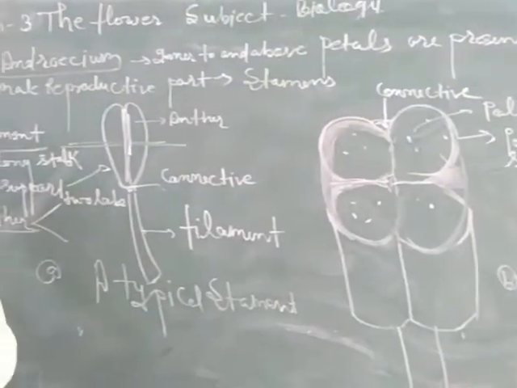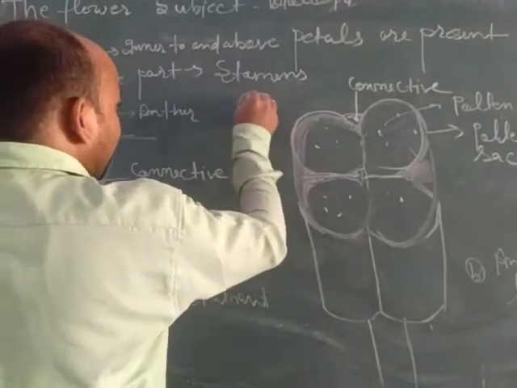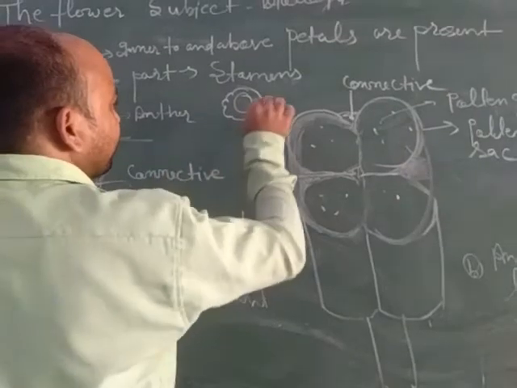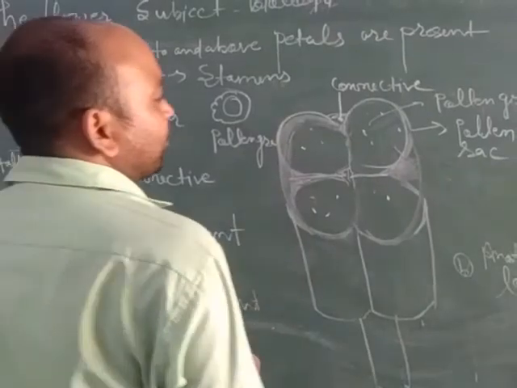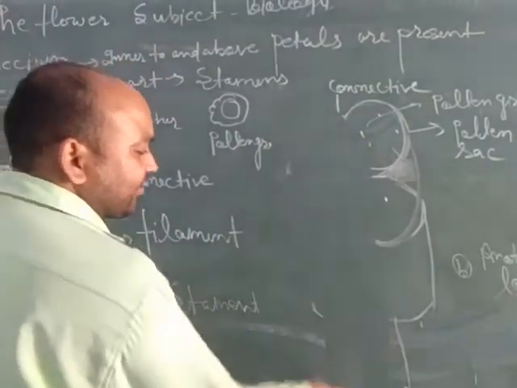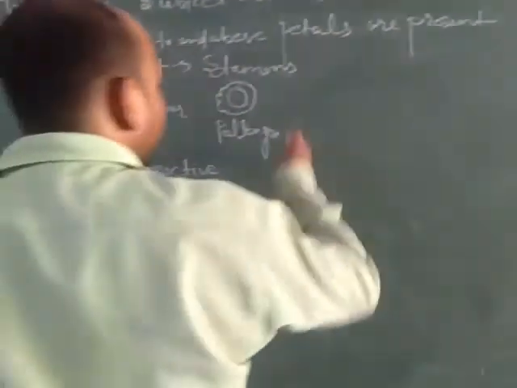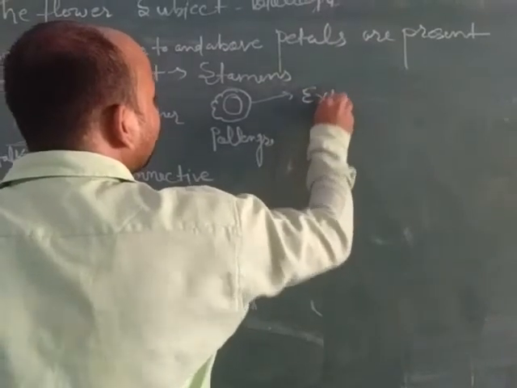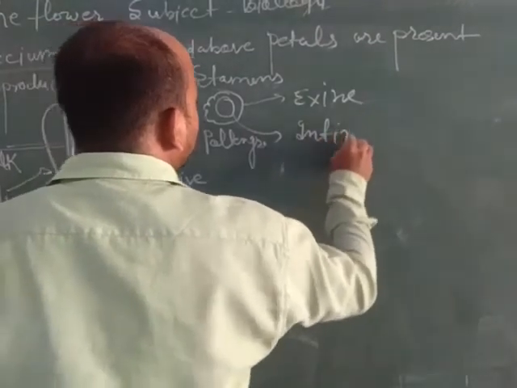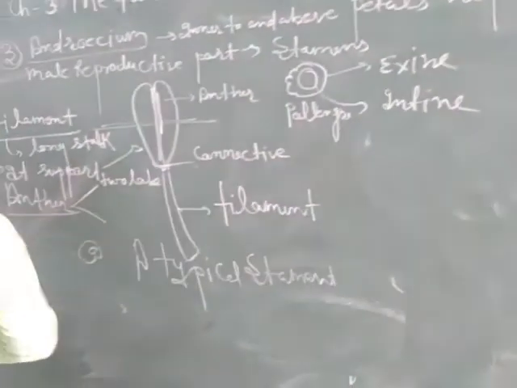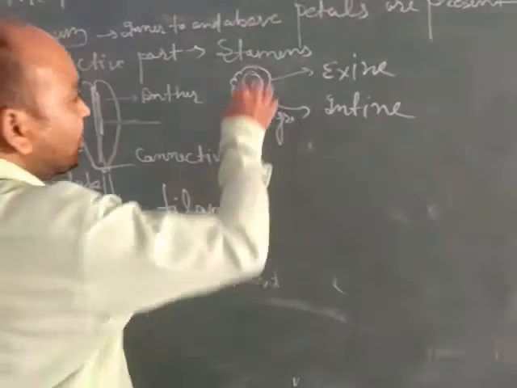Now, dear students, pollen grains are made up of two layers. This is a pollen grain. The first layer is called the exine, and the second layer is called the intine. The outermost layer is called the exine and the inner layer is called the intine. The outermost layer is protective in nature.